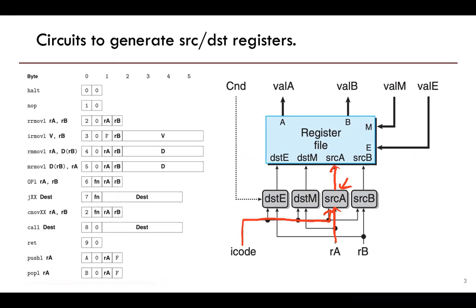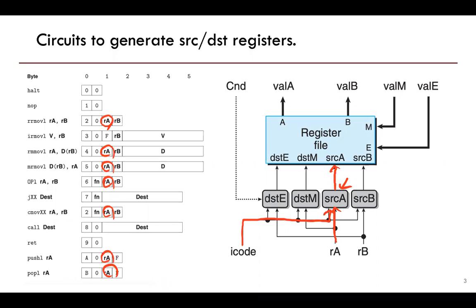We have RA here, here, here, here, here, and here. So let's see whether they all need a read register. RR move instruction: we need to read the RA register, and then we move that value to RB. And also RM, we need to read the RA register.